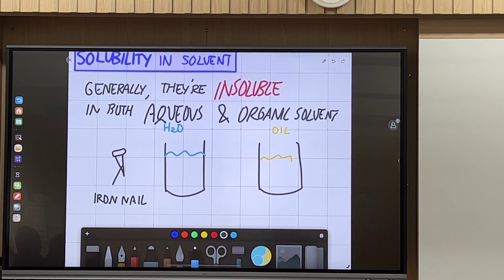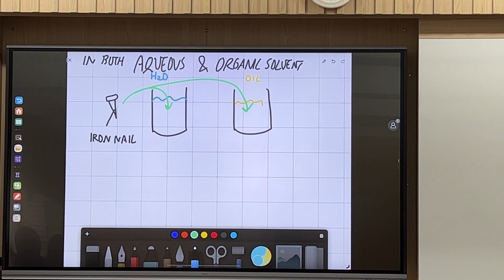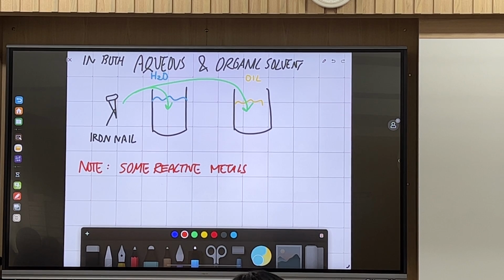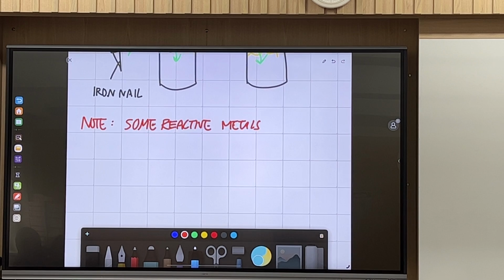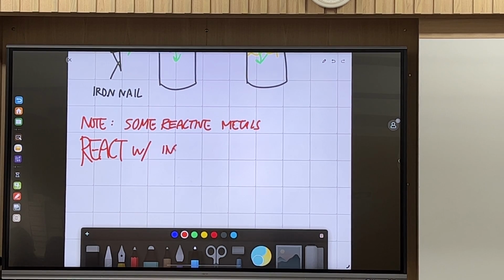But some metals seem like they will dissolve in water. Let me finish this last sentence. Some metals, especially the reactive ones, remember that video I showed you where the guy throws some sodium into water, it explodes, right? And if you look inside, the metal is gone because it may look like it has dissolved, but it actually reacted. So some metals react instead of dissolving in water.